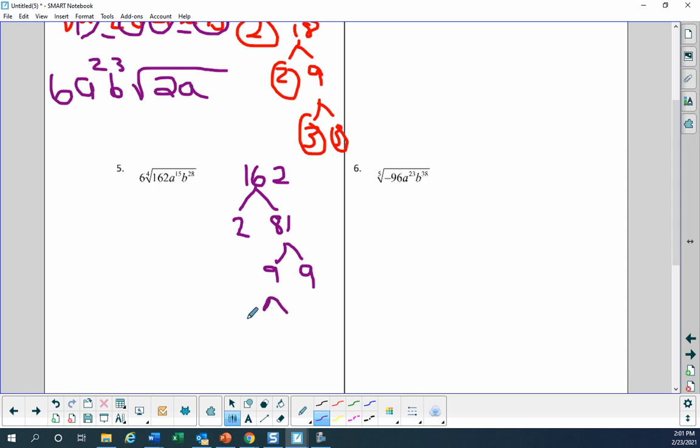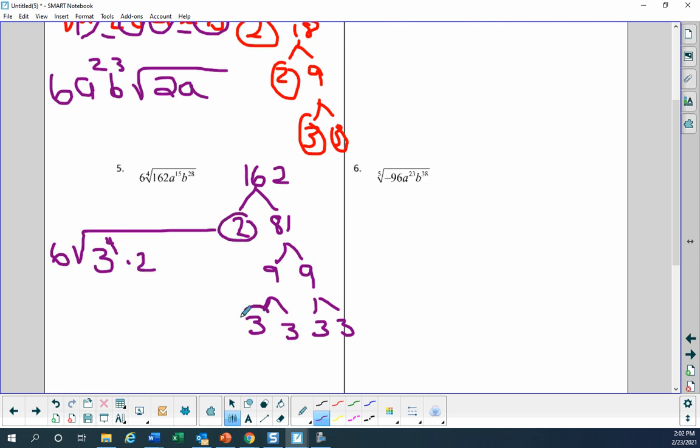I know this is going to be 3 and 3, and then 3 and 3. Yep. So I got my fourth here, right? So, oh, don't forget 6 is outside. So now 3 cubed, 3 to the power of 4 times 2. Don't forget the other prime factor is also 2, right?